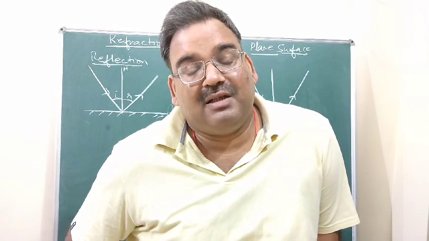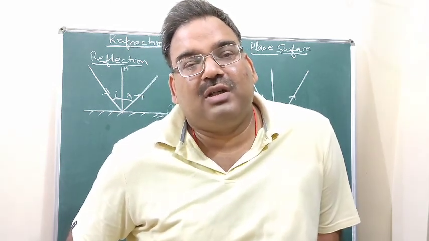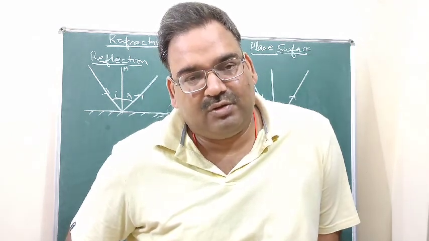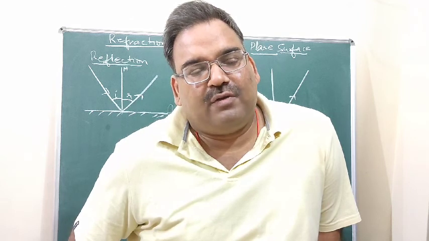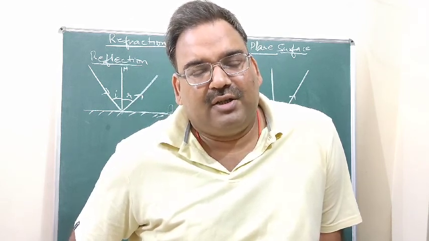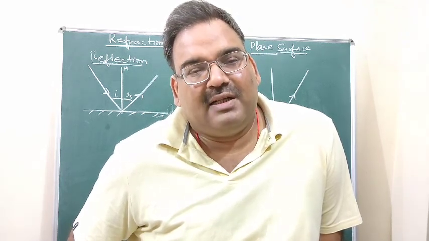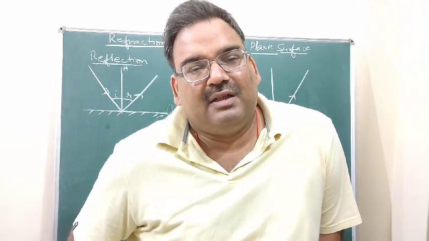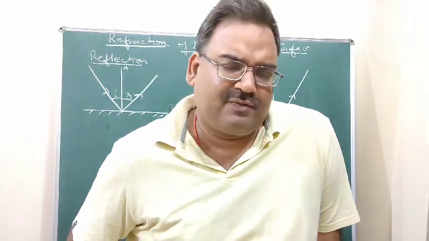So what is happening now? If you are able to see inside, it means the light is traveling through the glass. And if you are able to see the image of yourself in the glass, it means there is a reflection. When the ray of light travels from one medium to another medium, it undergoes refraction, or it bends from its path. So what is refraction?